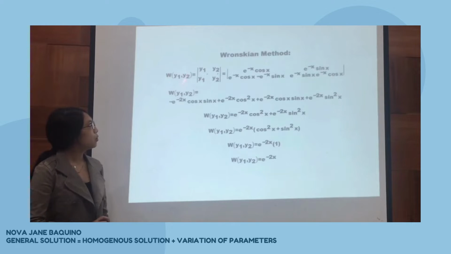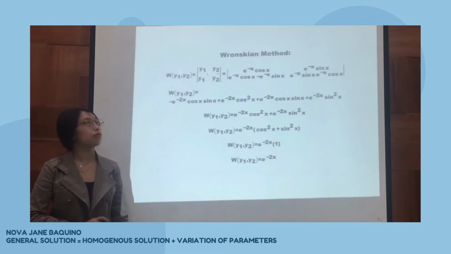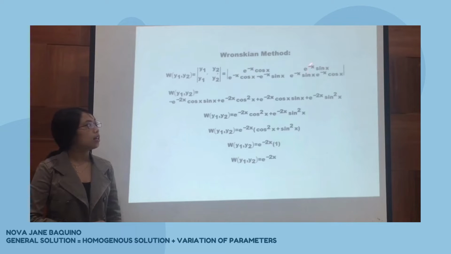We have W of y sub 1 and y sub 2, which is the determinant of y sub 1, y sub 2, y sub 1 prime, y sub 2 prime. The value of y sub 1 is equal to e to the negative x cosine x, and the value of y sub 2 is equal to e to the negative x sine x.